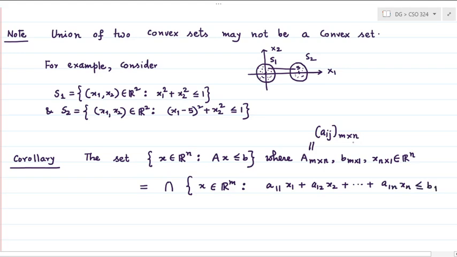If b has components b_i, i ranging from 1 to m, the first component is b1, the second component b2, and so on.